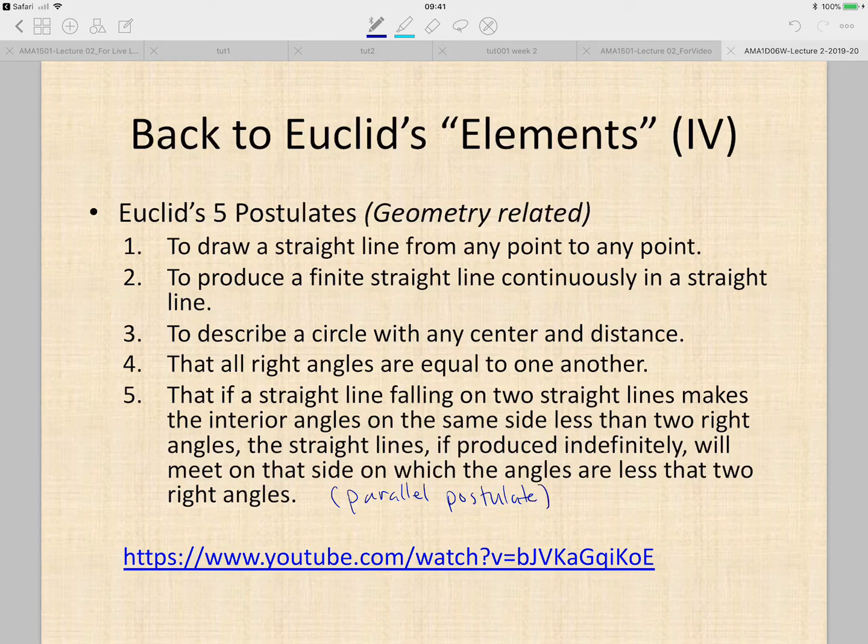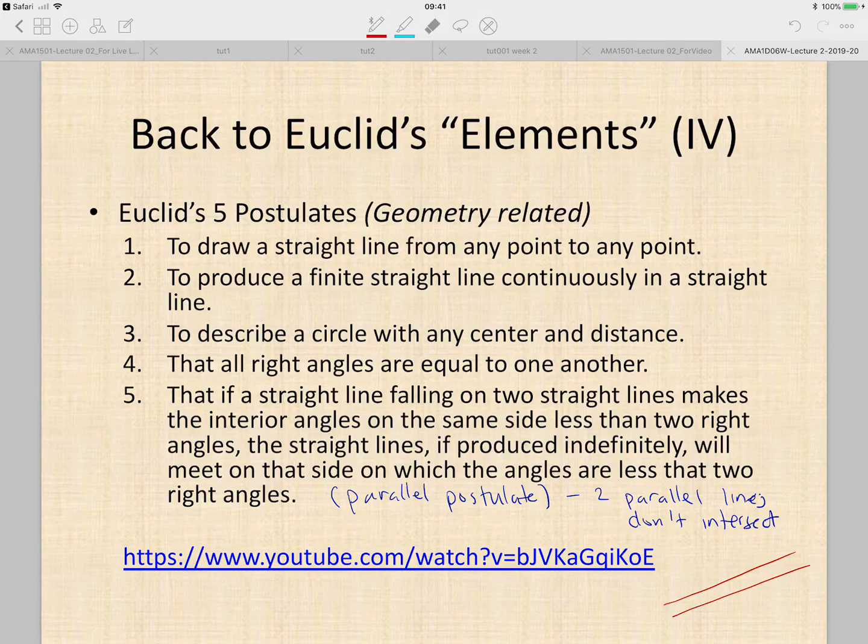So the parallel postulate says the following. Basically, two parallel lines don't intersect. Makes sense, right? Two parallel lines never intersect.